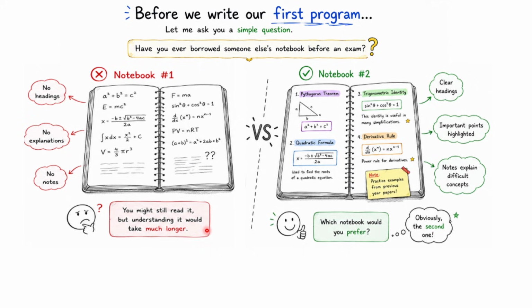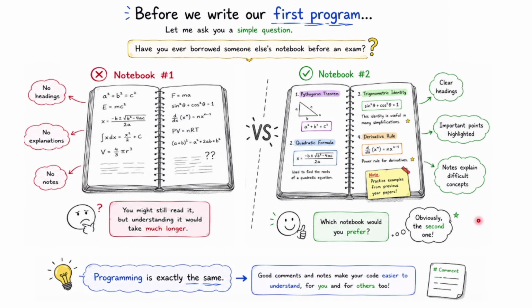Imagine another notebook where every chapter has a title, important points are highlighted, and small notes explain difficult concepts. Which notebook would you prefer? Obviously, the second one. Programming is exactly the same. Good comments and notes make your code easier to understand for you and for others too.